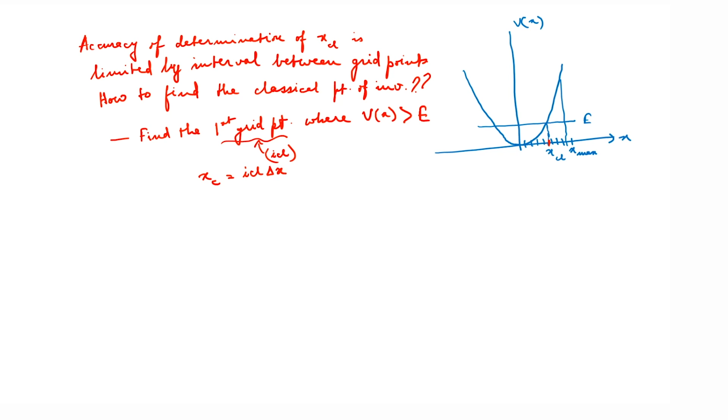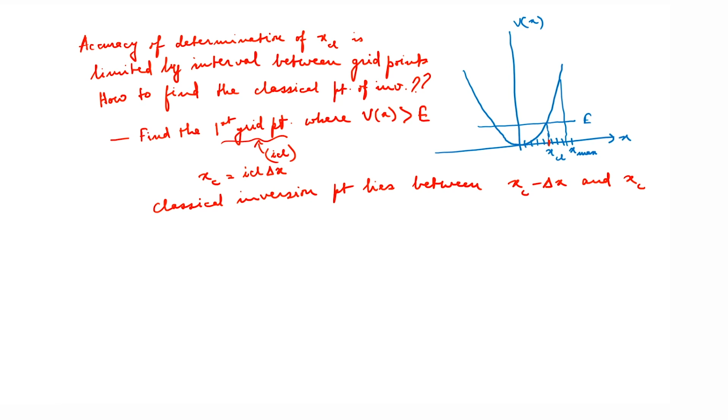So my classical inversion point, where the energy eigenvalue and the potential become the same, lies between x c minus delta x and x c.